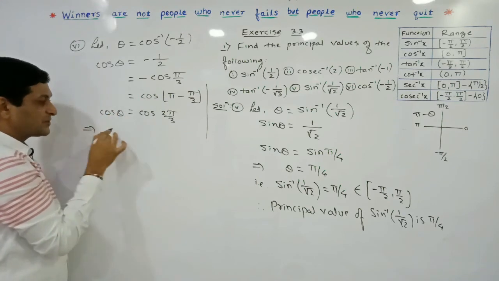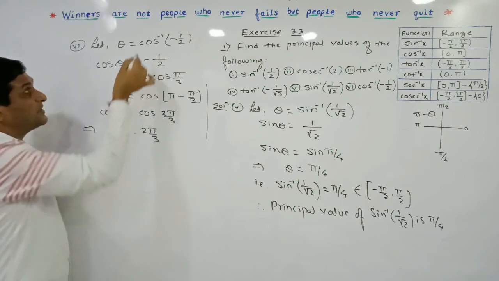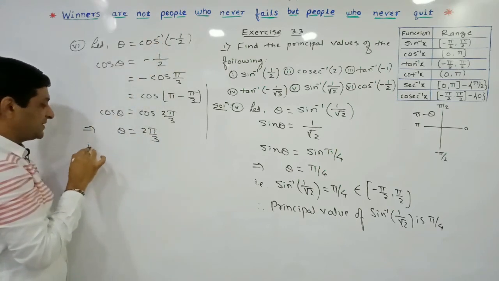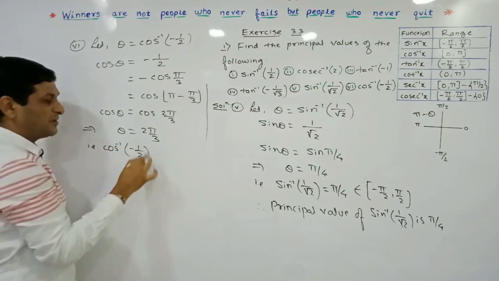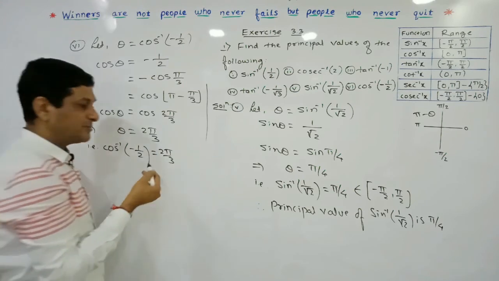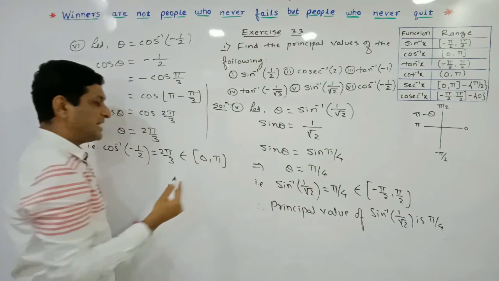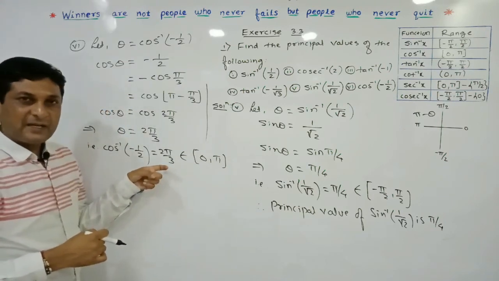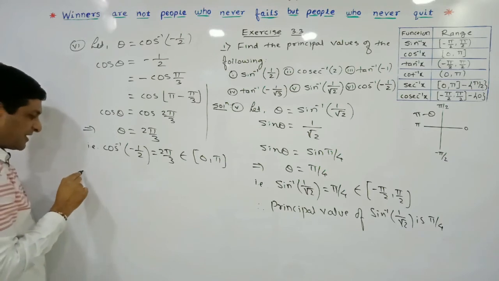So comparing both sides, we can say that theta is equal to 2 pi by 3. But theta means what? Theta is nothing but cos inverse of minus 1 by 2. On this side 2 pi by 3, and we can observe that this value belongs to which interval? 0 to pi. That's why we can say that it is the principal solution of this inverse trigonometric function.